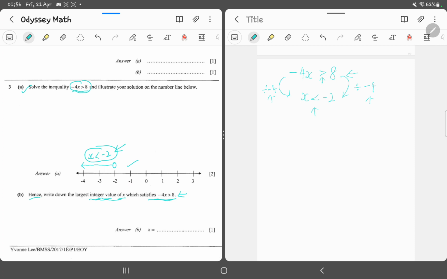Meaning x must be strictly less than minus 2. So what is the largest value of x? It cannot be minus 2, because x is strictly less than minus 2. So the largest value of x is minus 3. That will be my answer for 3B, and that concludes question 3 on inequality.